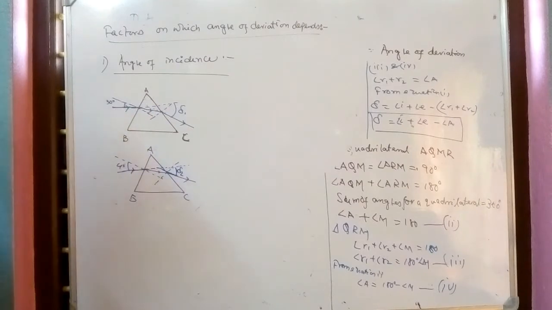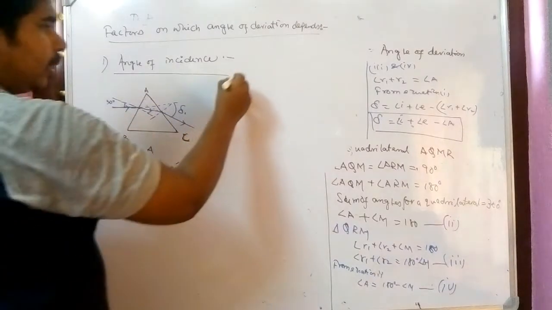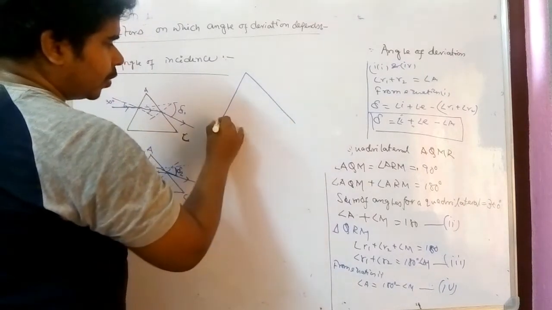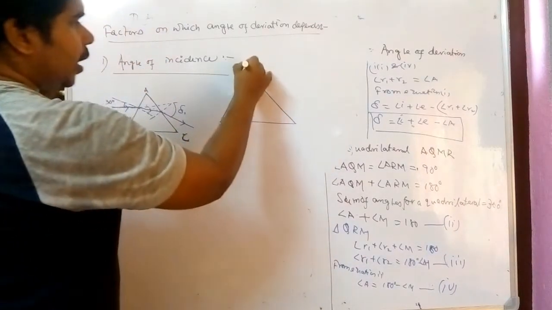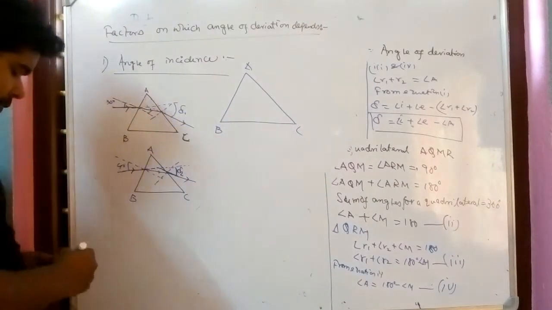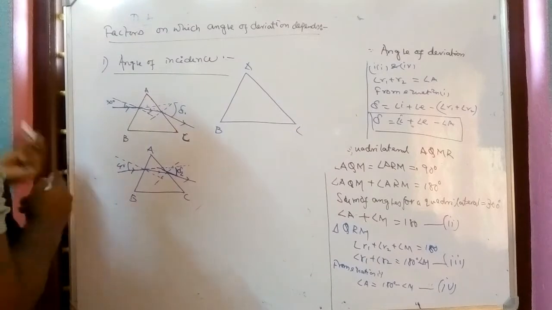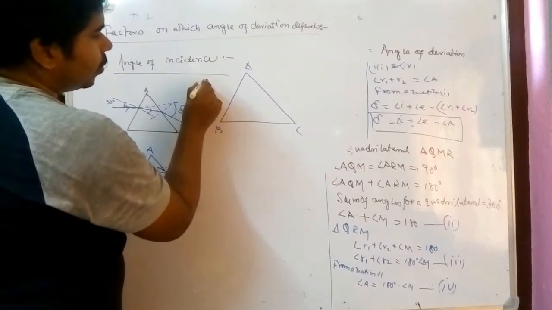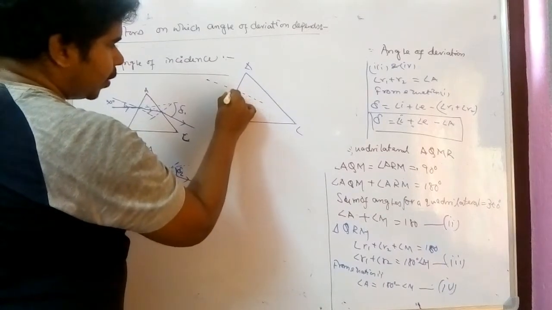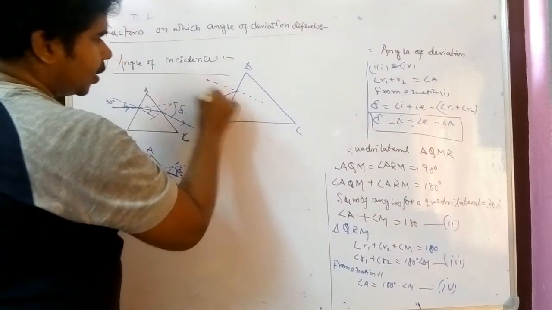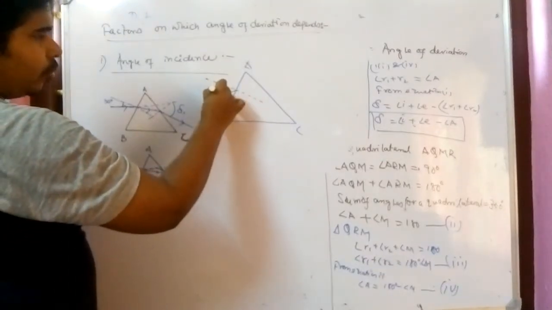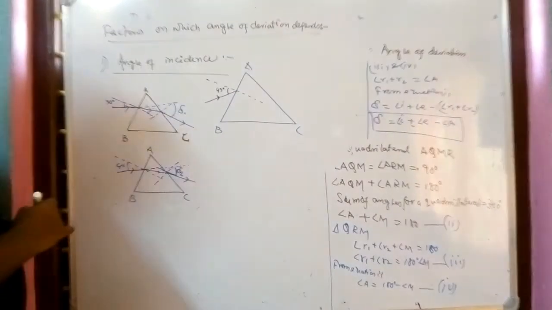Now we'll go for another diagram. Each and every diagram is very important for you. For this diagram, we will change the angle of incidence more. Here we have to draw the normal, and here the angle of incidence is this. Exactly this is 90 degrees and we want to make it 45 degrees.